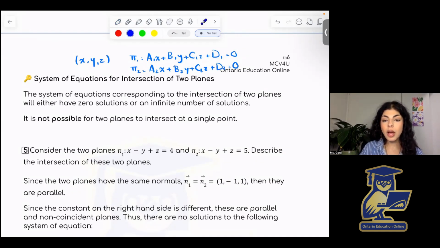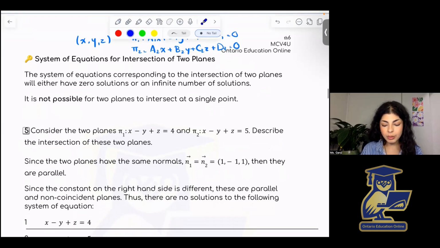So you will never end up with only one solution because we don't have that third equation. So you will either have infinitely many solutions, which is either when they intersect at a line or when they're coincident, or you will have no points of intersection, so they are parallel planes.